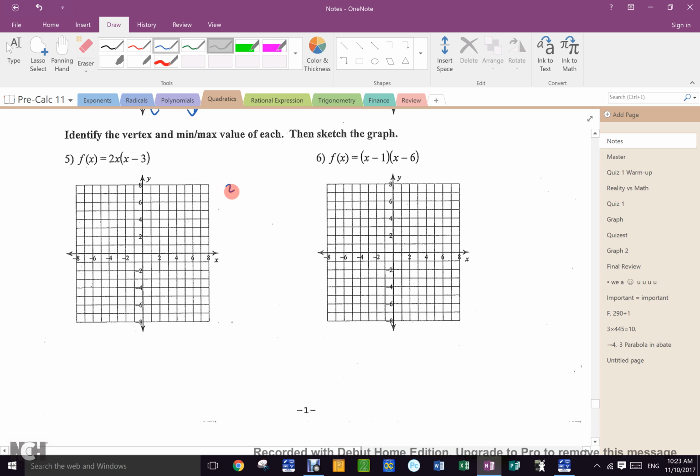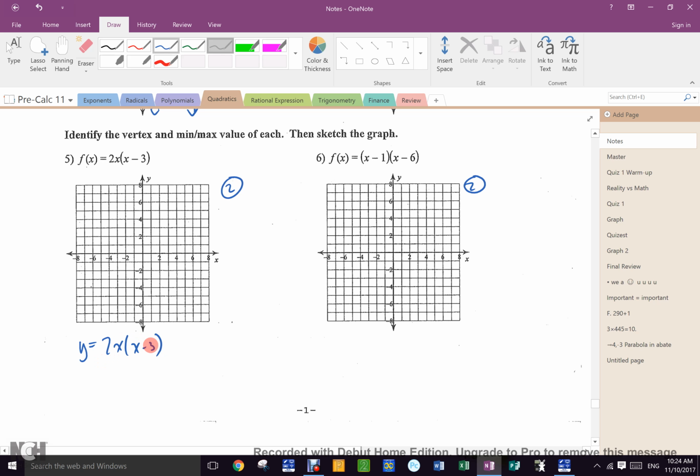These ones are going to be worth 2 marks each, because you had to tell me if it was a maximum or a minimum. And they were not in vertex form. So this first one here, y equals 2x, x minus 3. How are you going to graph that?